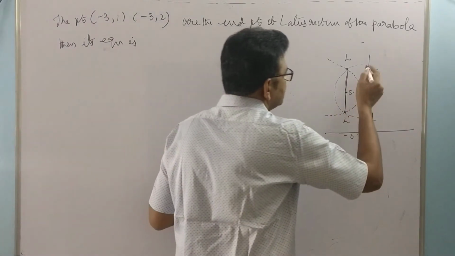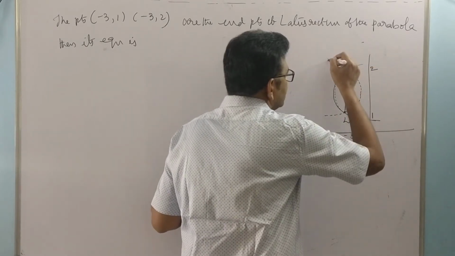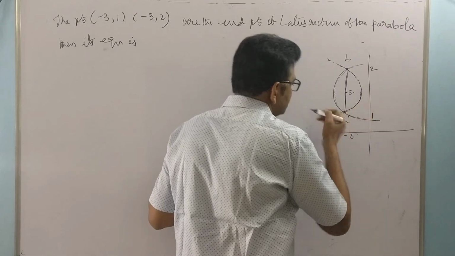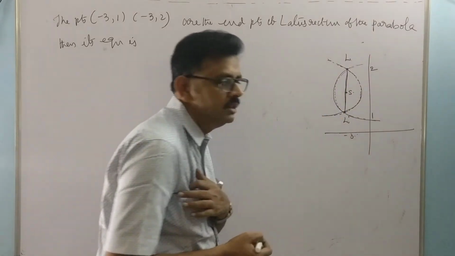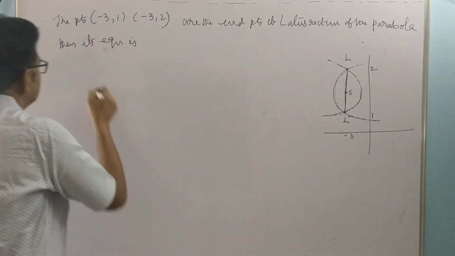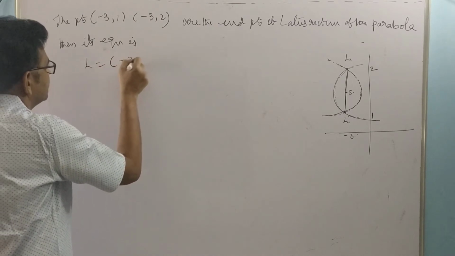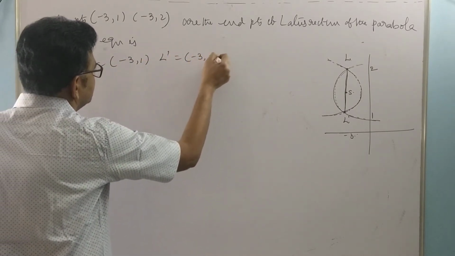That means maybe the parabola is like this, or why not, this is also a parabola. So midpoint of L L dash is what? Focus. L is equal to minus 3 comma 1, L dash equal to minus 3 comma 2.